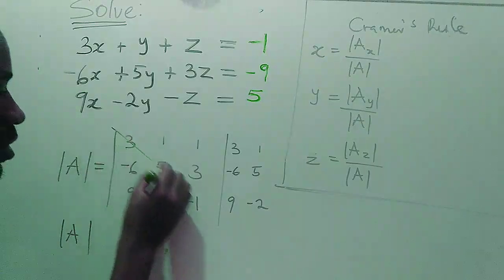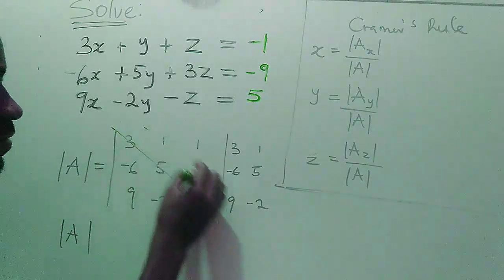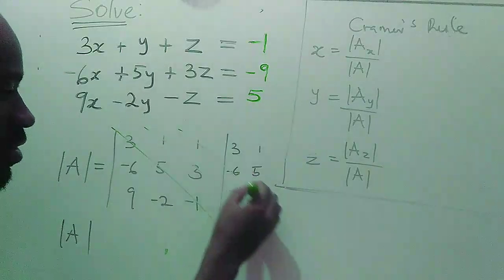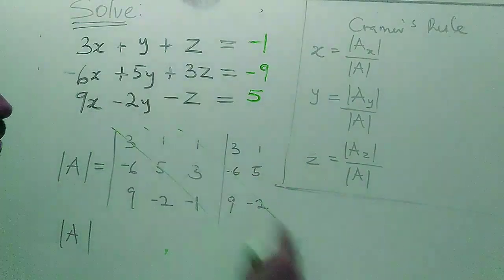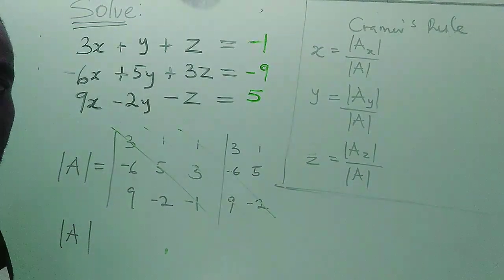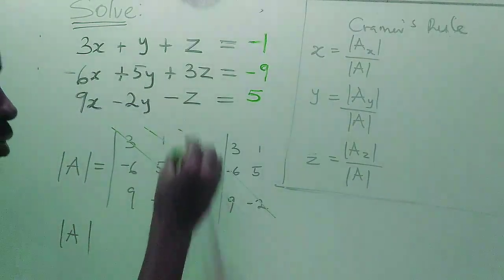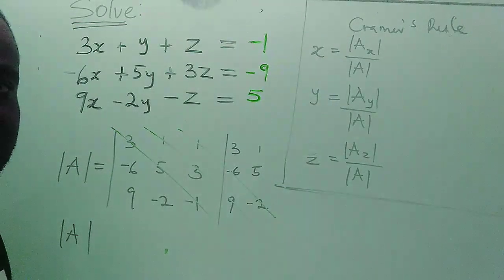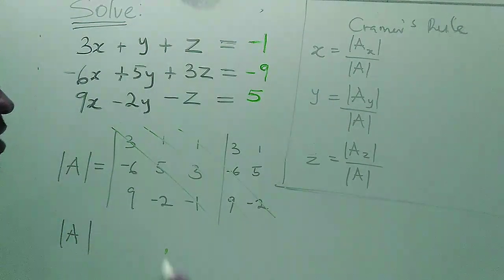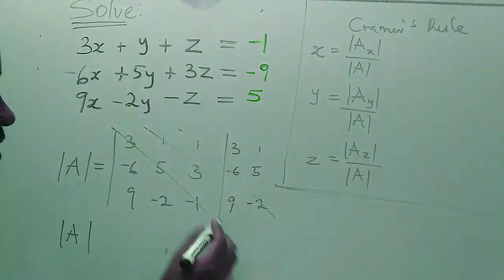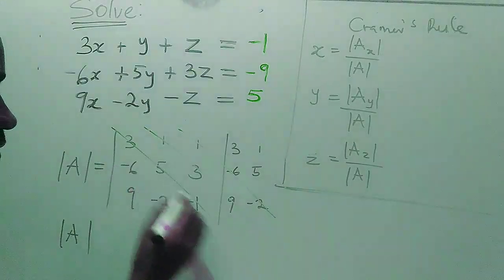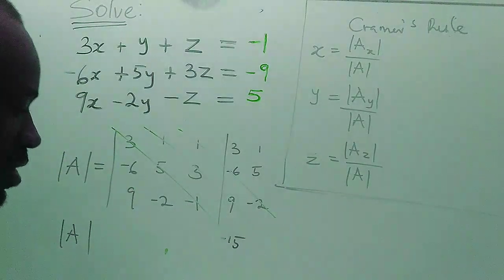The major diagonal is always in 3 forms. These 3 diagonals are the major diagonals. And then we also get the minor ones. So the major diagonals, let's multiply them out and see what it gives us. 3 times 5 times this will give me 3 times 5, 15. This will give me minus 15.